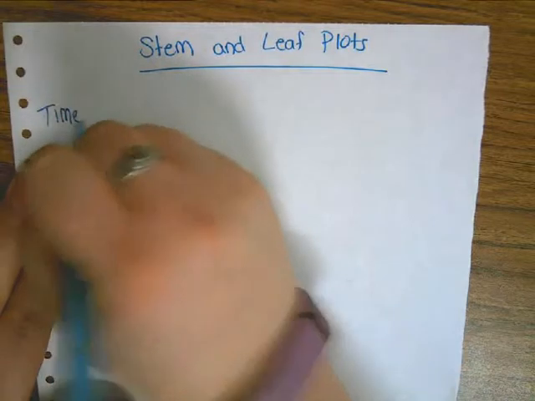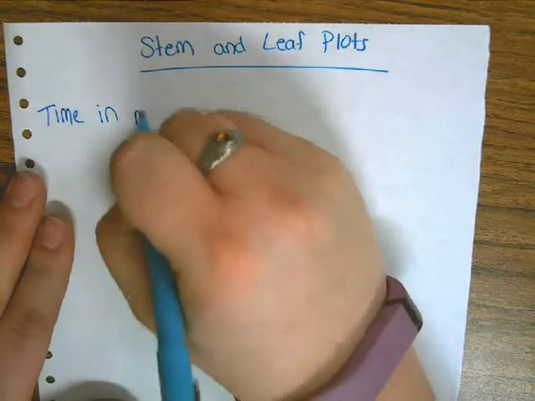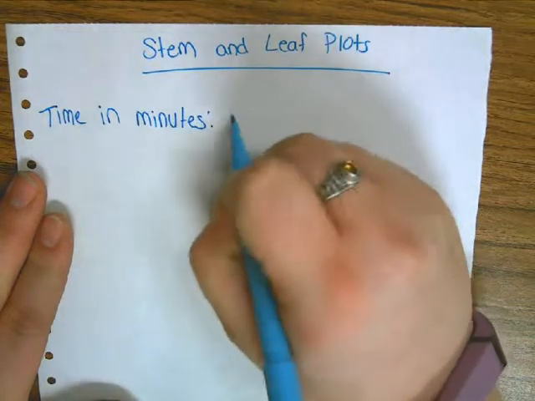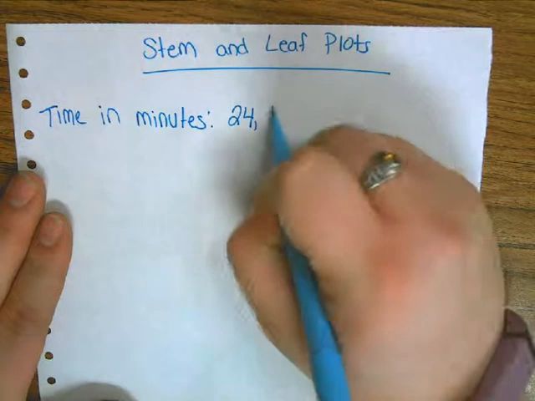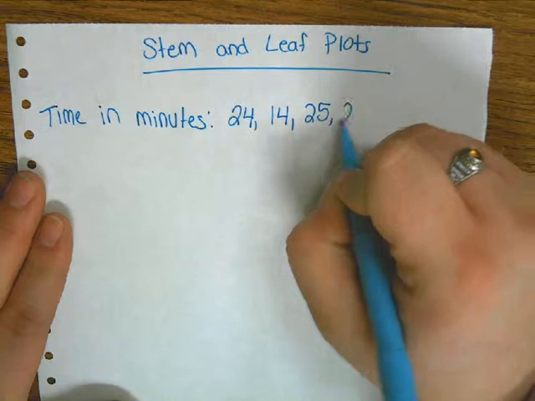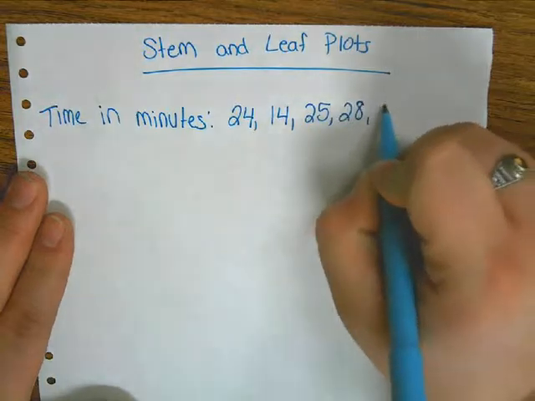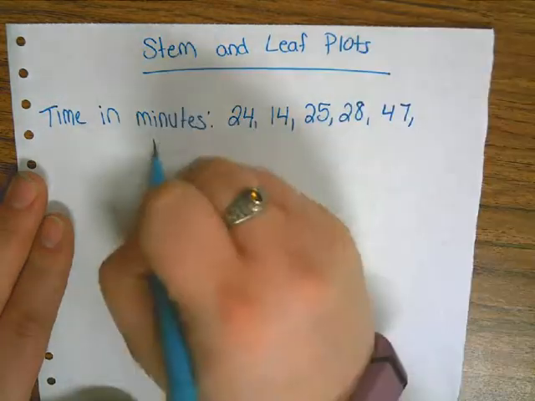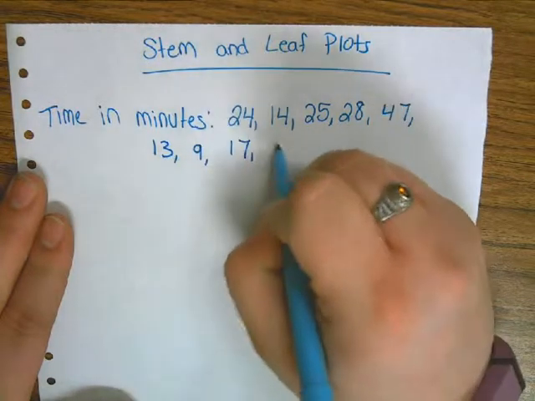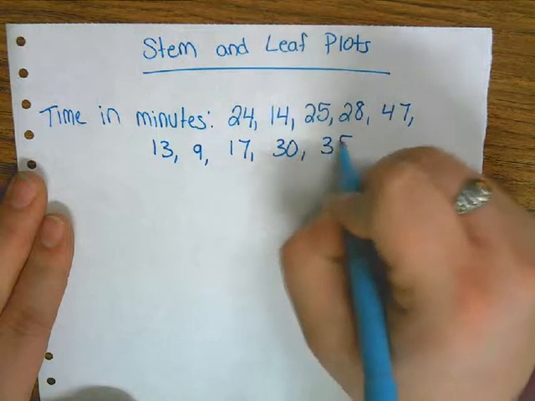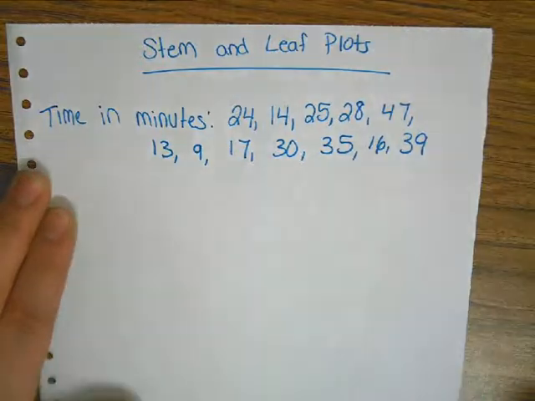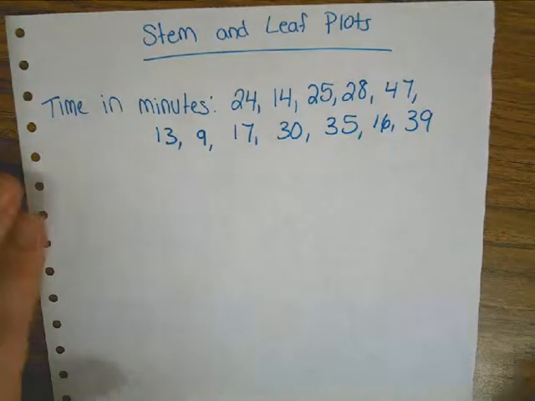If I'm telling you the time in minutes, you're writing everything I write down. 24, 14, 25, 28, 47, 13, 9, 17, 30, 35, 16, 39. So that's how long it took students to ride the bus to school in minutes.